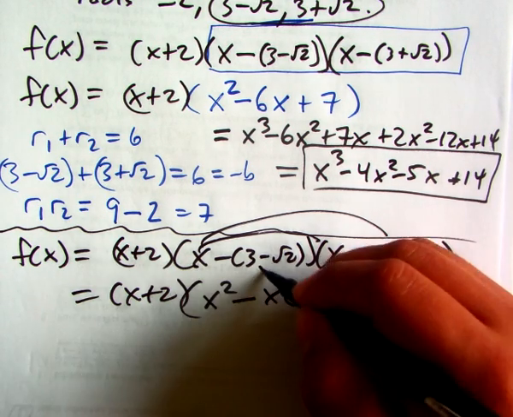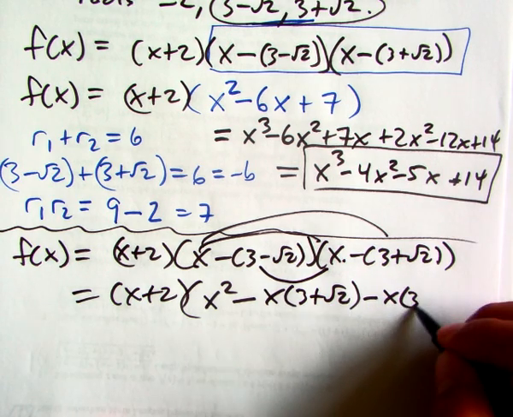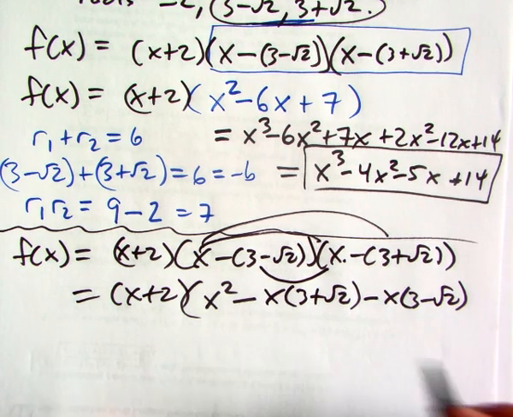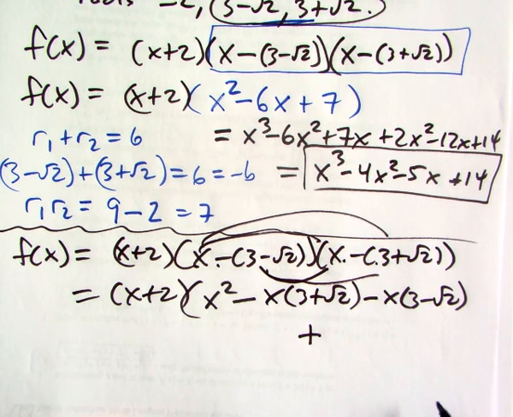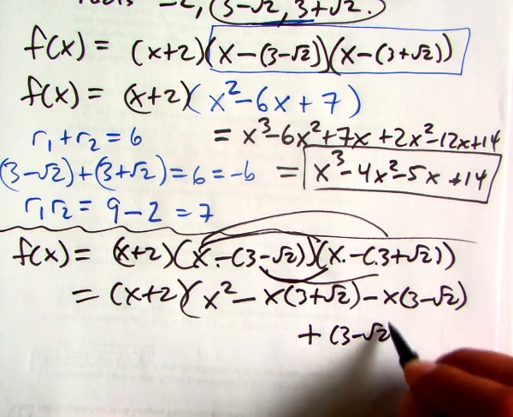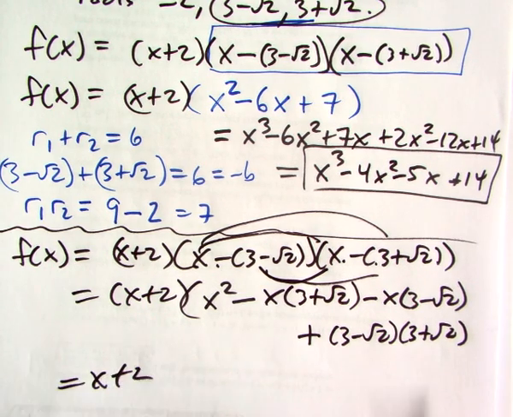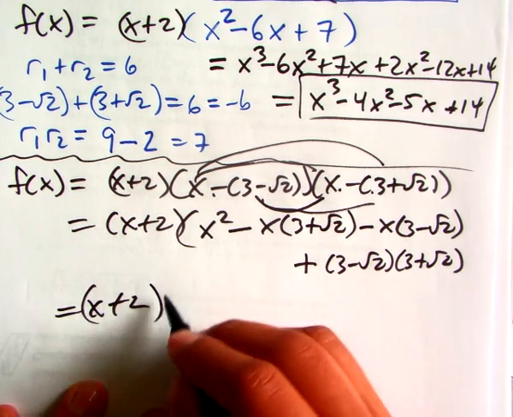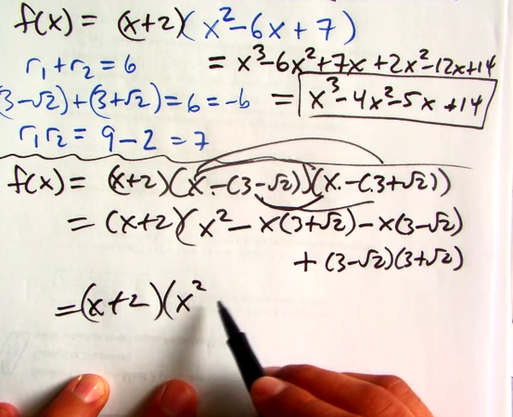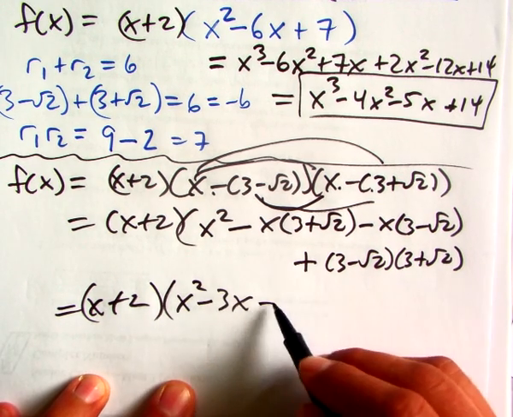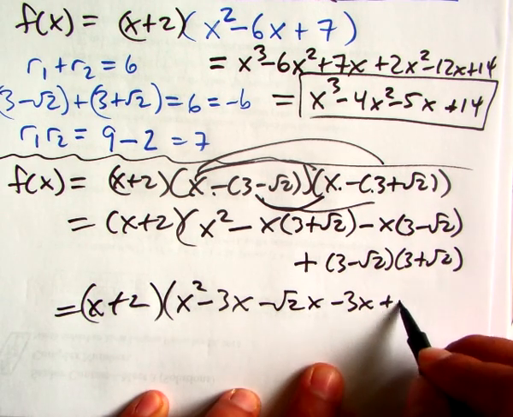And then I'm going to do the same thing here. Another negative x with 3 minus root 2. A negative times a negative is positive. So I'm going to write this down. And then if you were to distribute everything, you get x squared minus 3x minus root 2x minus 3x plus root 2x.